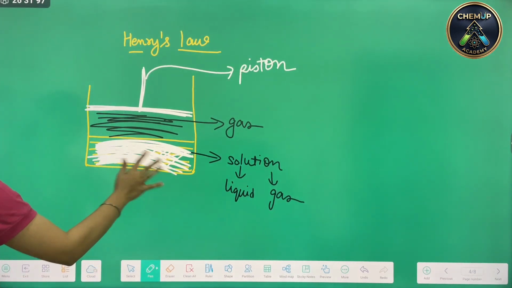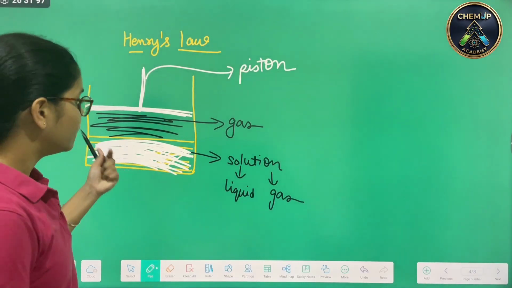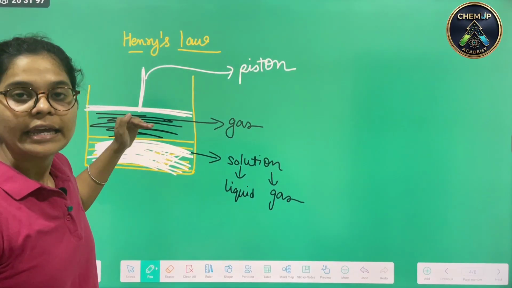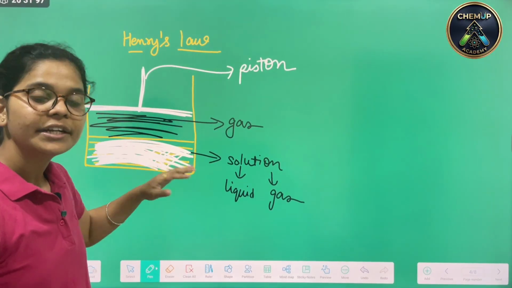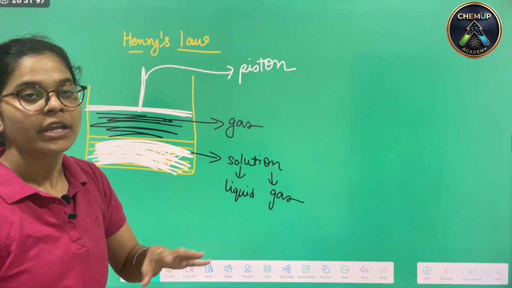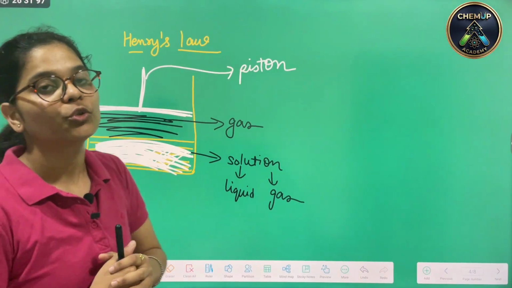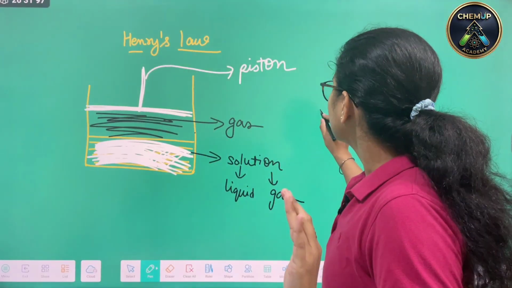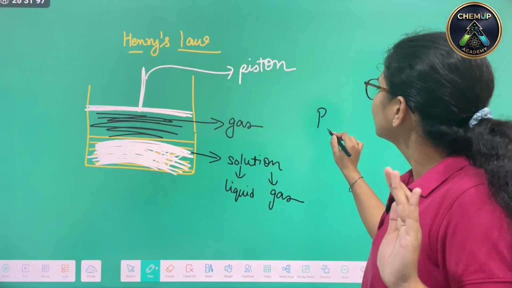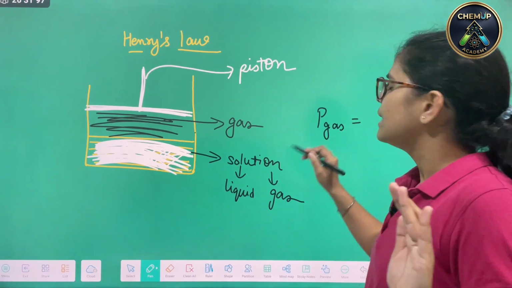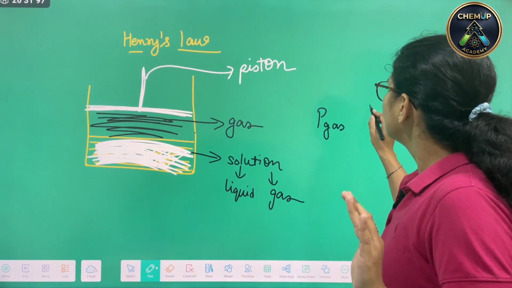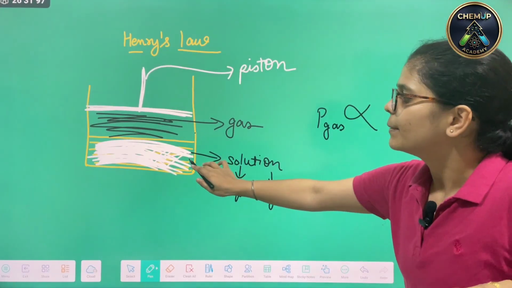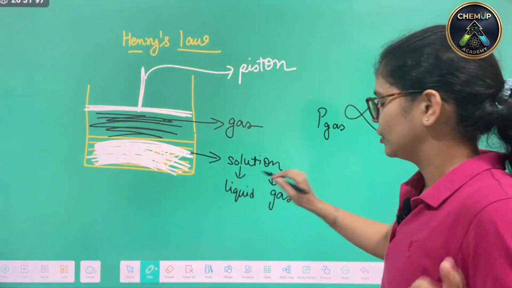When we consider this liquid, we can say that the amount of gas which is dissolved in this solvent is directly proportional to its partial pressure. Meaning, the partial pressure of any gas is directly proportional to its solubility, represented by its mole fraction.